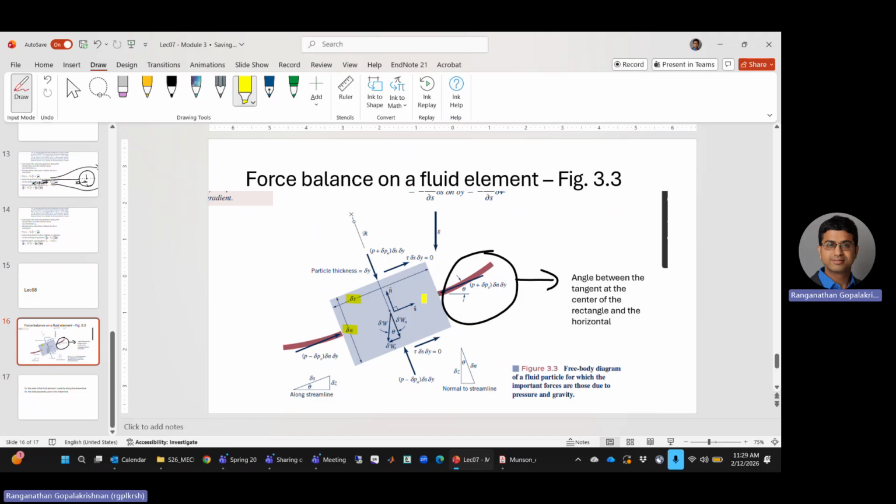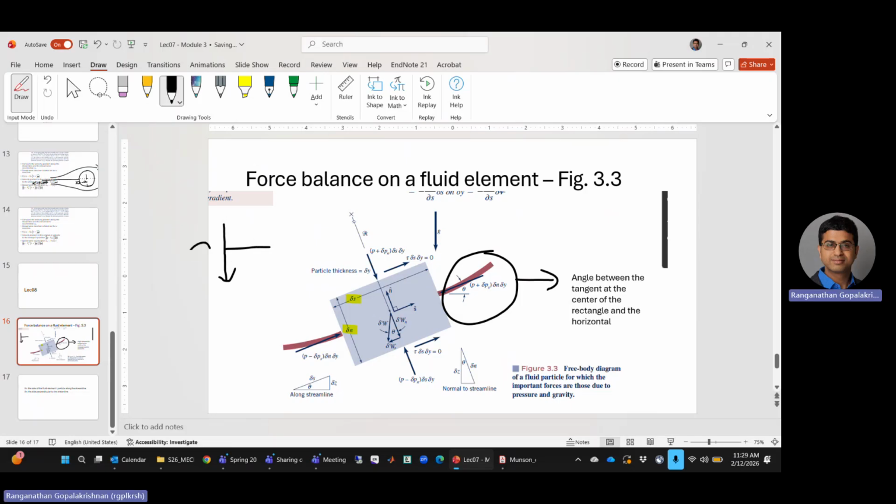Okay, let's deal with the easiest force first. What is the direction of gravity? Always vertically down, right? If we denote this to be horizontal, then we have to have the vertical. So gravity has to be along the vertical if this direction is the horizontal.